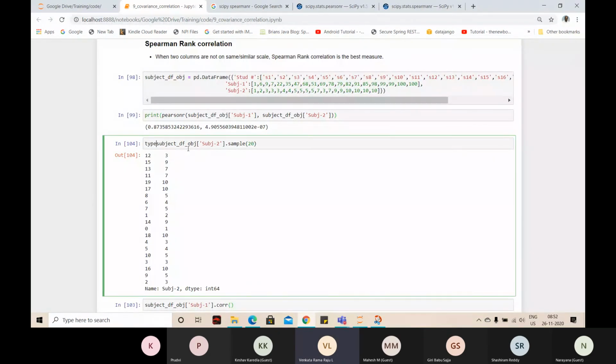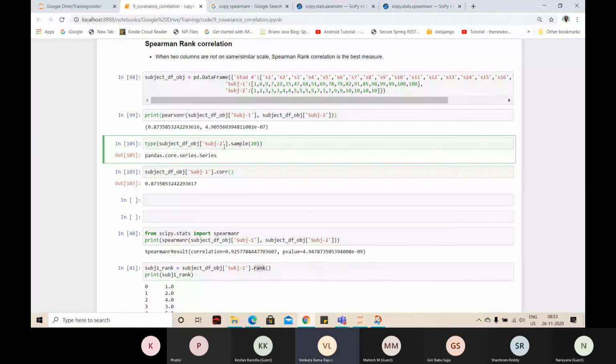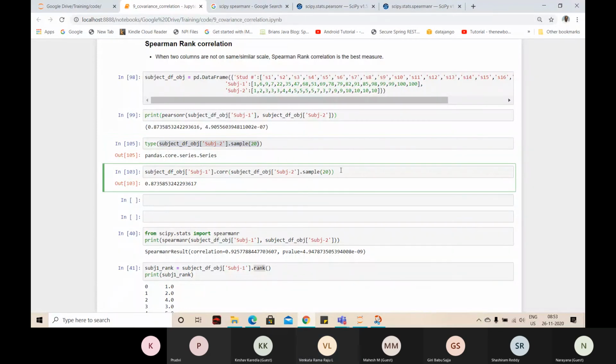What is the type of this object? It should change. Okay, let me try to assign it to another series object.